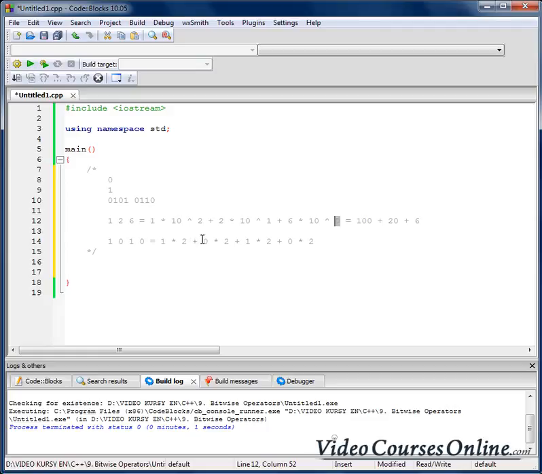Okay, so here is how it should be: 1 multiplied by 2 to the power of 3, 0 multiplied by 2 to the power of 2, 1 multiplied by 2 raised to the power of 1, 0 multiplied by 2 raised to the power of 0.